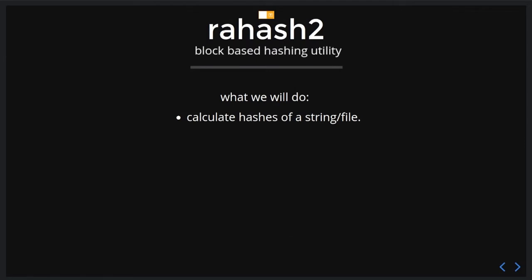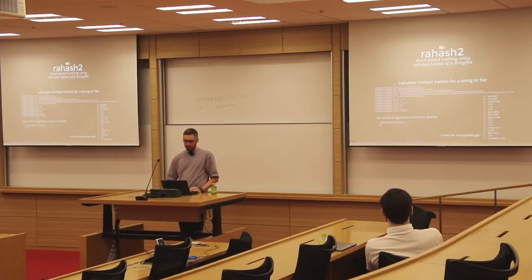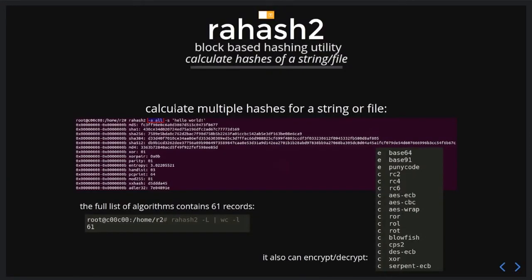Next tool is rahash2. It's a block-based hashing utility. What we will do, we will calculate hashes of a string or file. Maybe too small. To calculate multiple hashes for a string, there are also many online tools to do this, or even in standard Linux there is an md5sum, sha256sum utility, but rahash2 has much more. It has 61 algorithms, including some encryption and decryption from base64 and finishing with some serpent ECB, I don't know what it is.